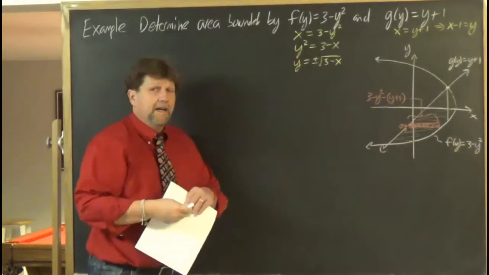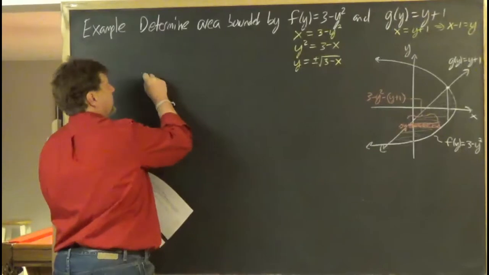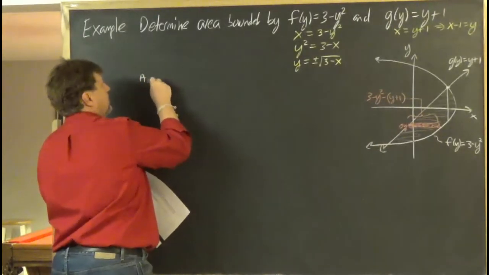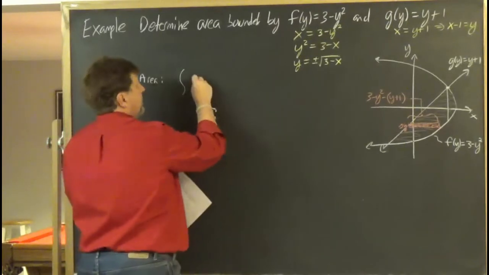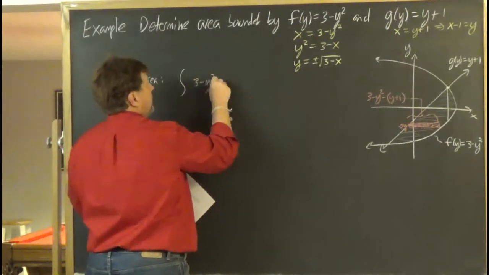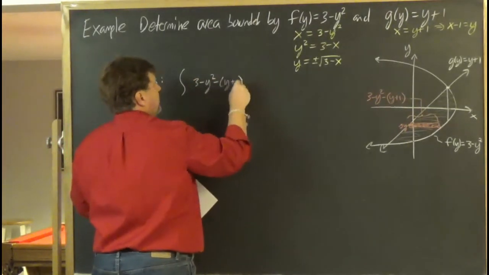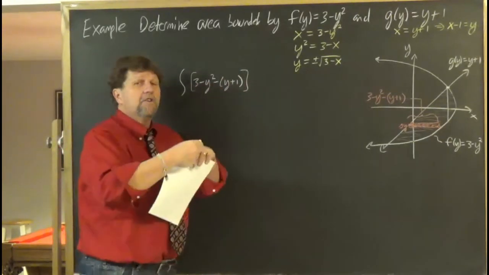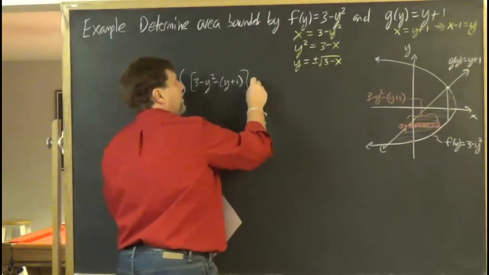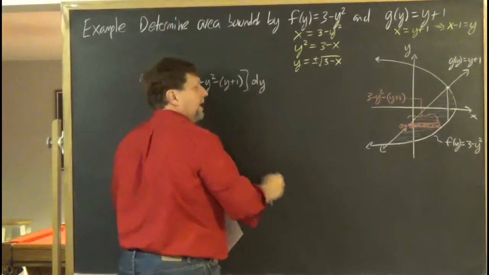So we find the area by integrating the height, which is the rightmost curve minus the leftmost curve. And since my integrand is a function of y, I'm integrating with respect to y.